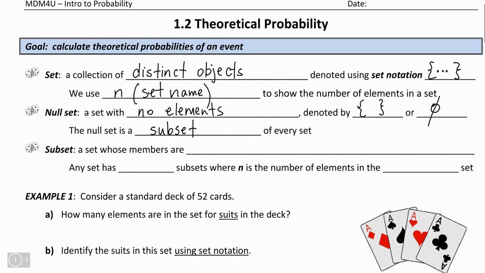To give you a better picture of what a null set could look like, think of our classroom. Let's say the classroom is a set. We put curly brace brackets around our classroom, and inside it we have these distinct objects, which I'll say are the students. The students have different names. Let's say we have Israel, Daniel, to make up some other names, Frank and John, and these are distinct students.